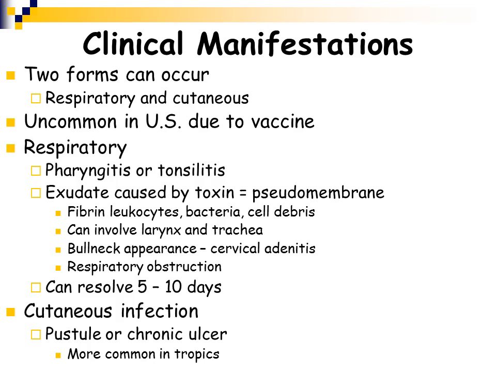Individuals with diphtheria get a large bulging neck called the bull neck, which is cervical adenitis or swelling of that region. The problem with diphtheria, and what can turn it into a life-threatening disease, is that the pseudomembrane can grow across the back of the throat and cause respiratory obstruction. So the individual has severe difficulty breathing. Diphtheria can resolve itself within 5 to 10 days.